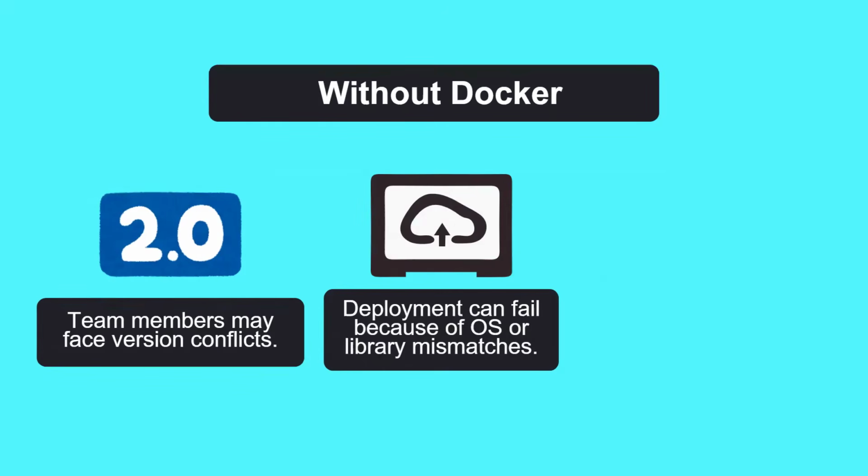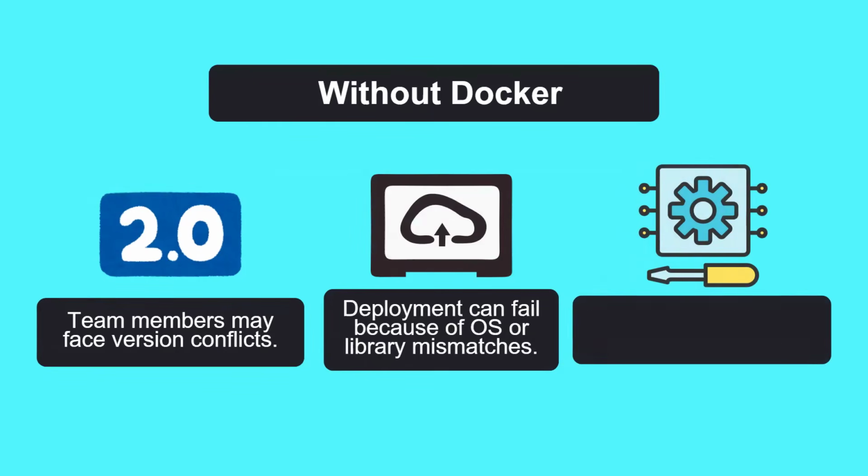That's where Docker helps us. But if we don't use Docker, our deployment can fail because of the operating system or library mismatches. And the last thing is that manual setup takes time and causes errors. For example, I have different versions of different libraries or programming languages on my system, and my team lead has different variants.